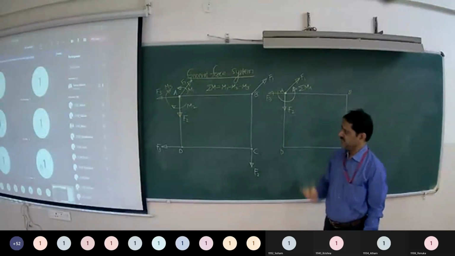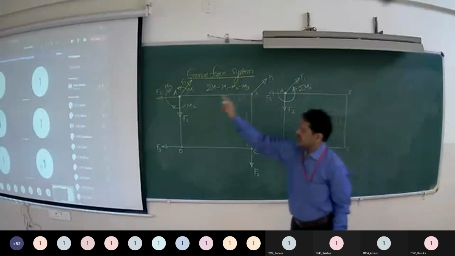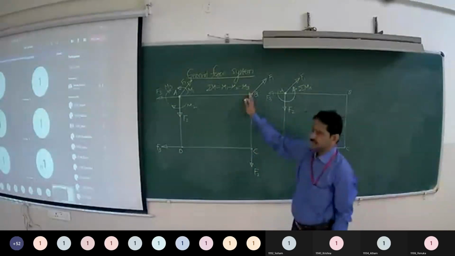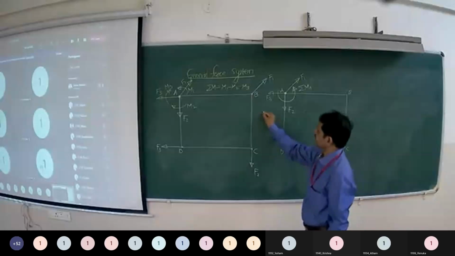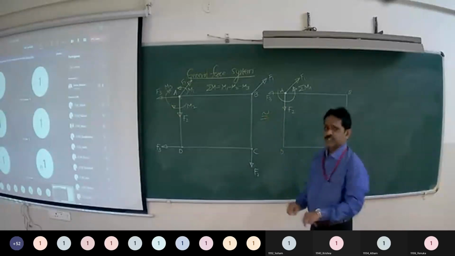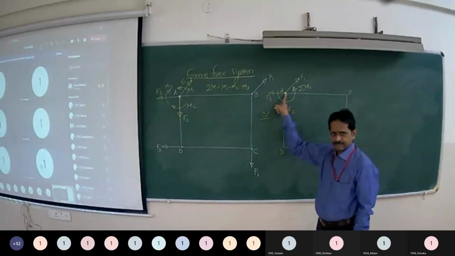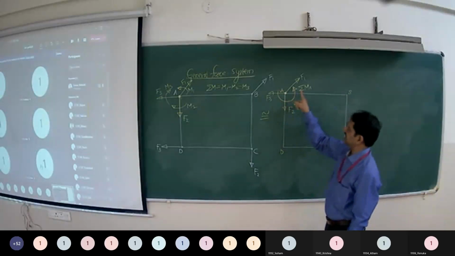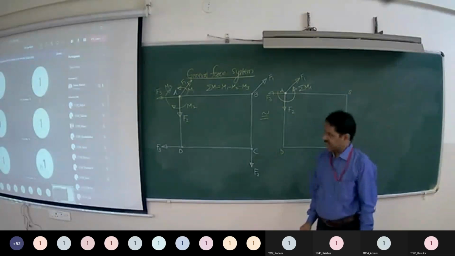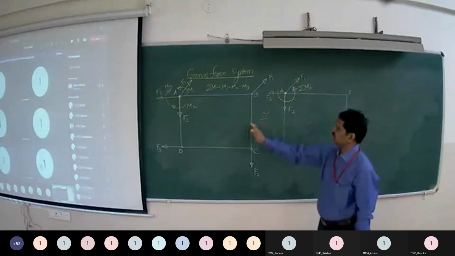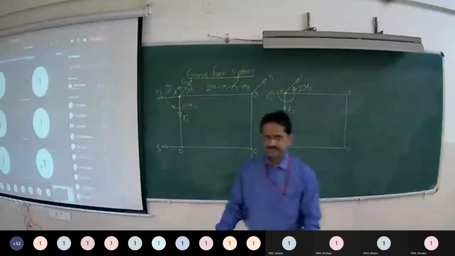So what we have done, this non-concurrent, non-parallel force system is converted into a concurrent force system at A along with a resultant moment summation MA. So the effect of these two systems remain same.